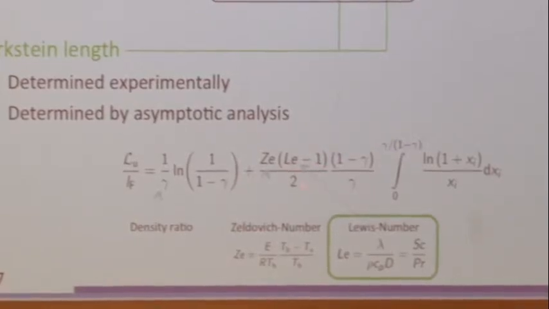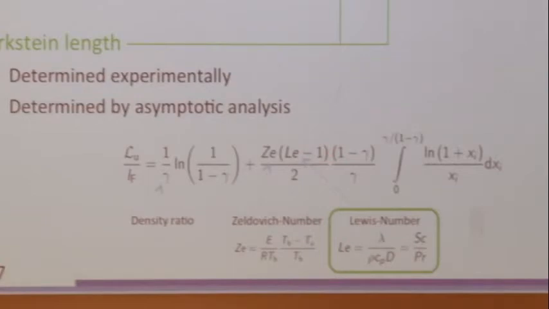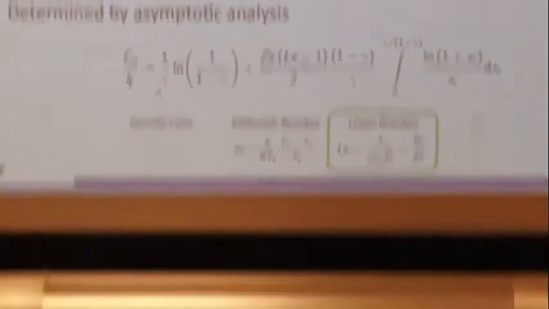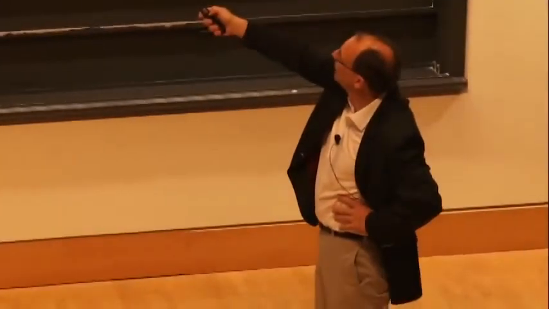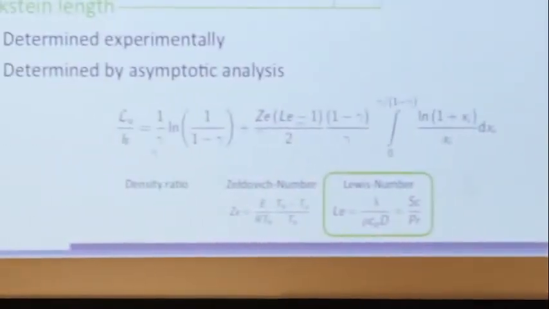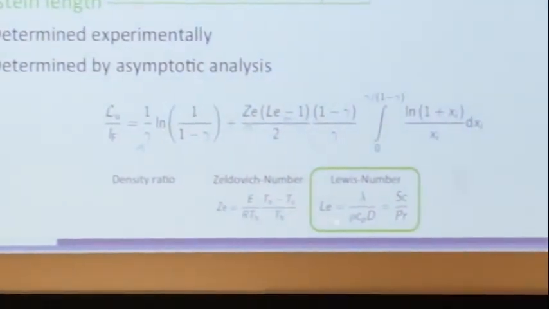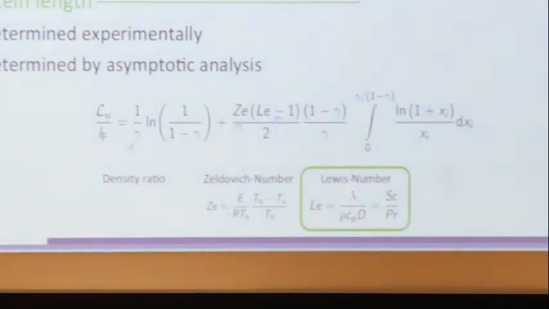And you see already here that if the Lewis number is 1, the Lewis number is the ratio between, I should just write it down here. So it's the ratio between lambda over Cp, that's the heat diffusion, and rho D. Or you could say lambda over rho Cp is the heat diffusion coefficient, and D is the species diffusion coefficient.